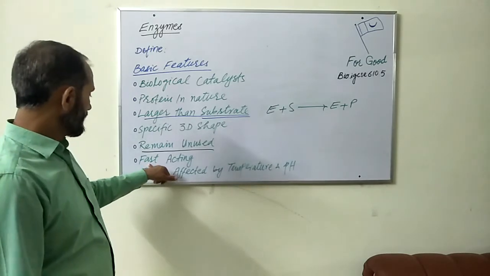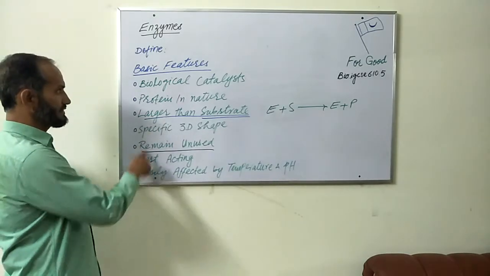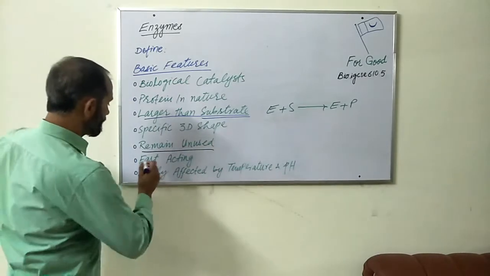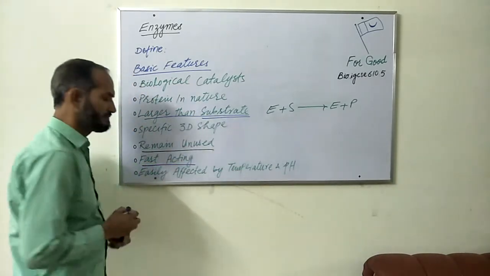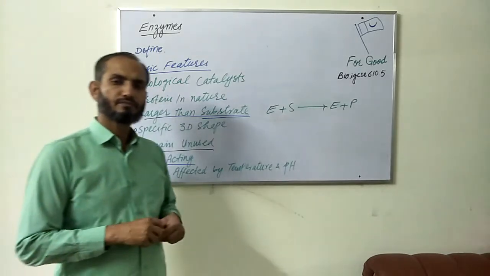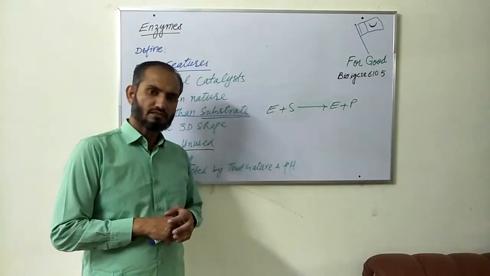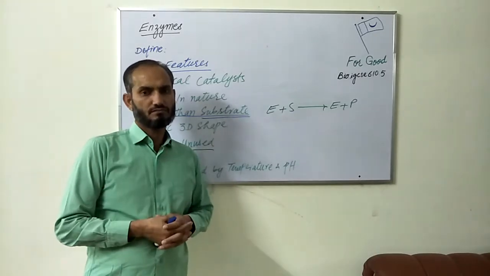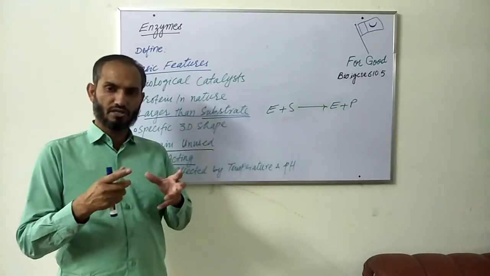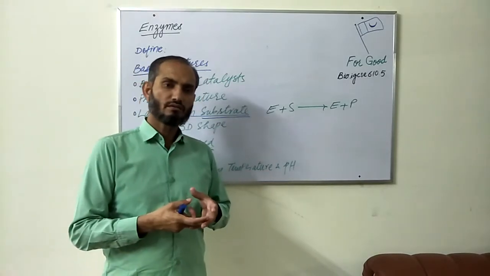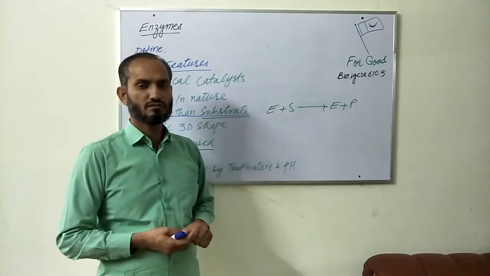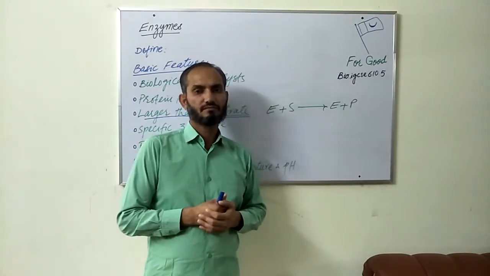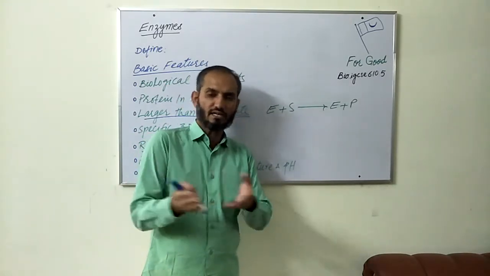Another thing I have written here as a basic feature of the enzymes is that enzymes are very fast acting. They are not slow acting. What does it mean? We have to speed up the chemical reaction. If enzymes are working slowly, then we cannot speed up the chemical reaction. They are basically the facilitators. They have to facilitate the process.